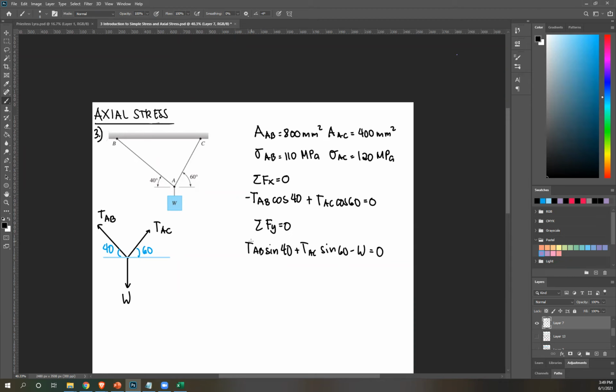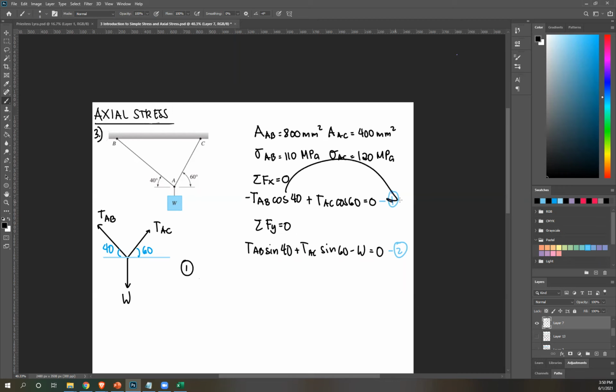So in order to do that, we'll just manipulate our equations. Once again, I need an equation relating TAC and weight, and then another equation relating TAB and weight. So let's take this. Let's call that equation 1. And then this is equation 2. So from equation 1, I'm going to create another equation for TAB.